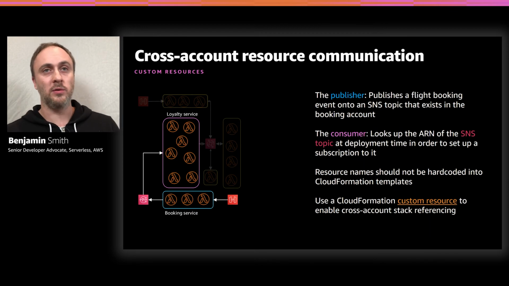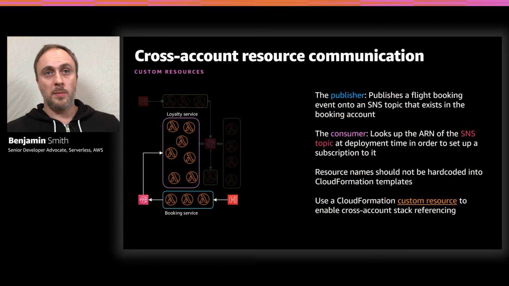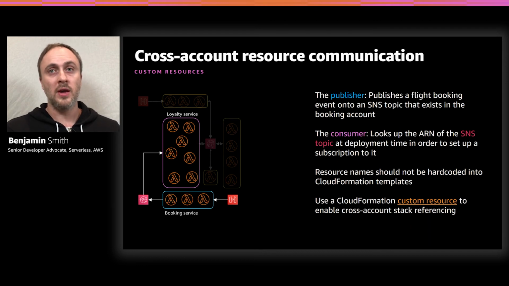Okay, so on to the next multi-account challenge, which is cross-account resource communication. Asynchronous communication is a pretty common pattern in microservice architectures. We've mentioned it a few times already in this little talk. This is where a publishing microservice publishes an event that consumers may be interested in without any concern for who those consumers may be.